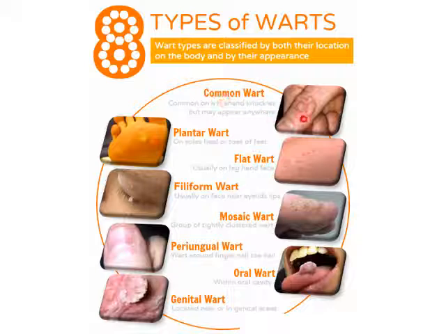The common wart, located on the hand and knuckles, the plantar warts on soles or toes of the feet, the flat warts usually on the leg, hand and face, the filiform wart usually on the face near the eyelids or lips, the mosaic wart, the periungual wart, the oral wart within the oral cavity, and the very common genital wart, which is located near or in the genital areas.